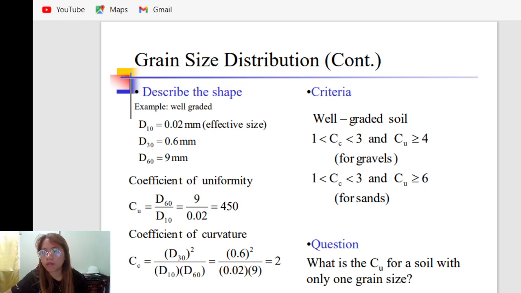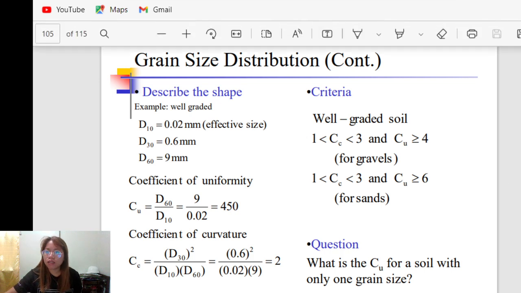Then the coefficient of curvature is this formula: C sub c is equal to D30 squared over D10 times D60. This is the diameter of the soil at 30% passing, squared, divided by D10 times D60. So the answer is equal to 2.